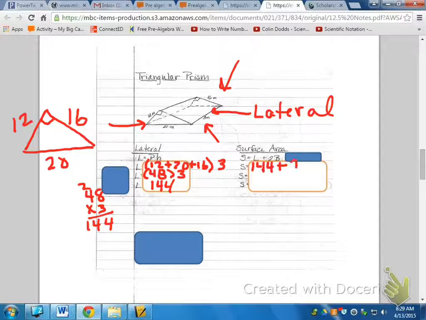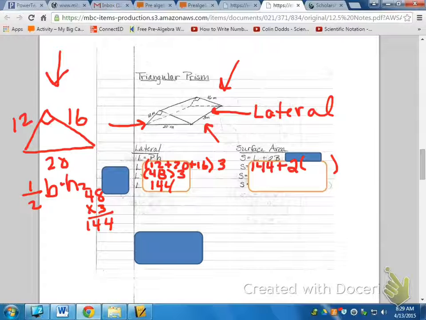Plus I've got to go 2 times the area of this triangle here over on the left. What's the formula for the area of a triangle? Half times base times height. Now, what kind of triangle is that one?